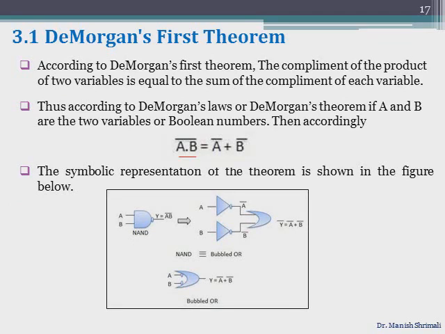According to the first De Morgan's theorem, the complement of the product is equal to the sum of the complement of each variable.